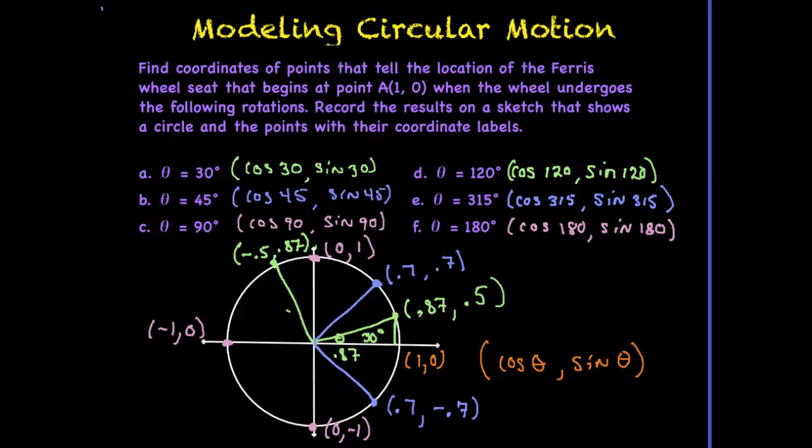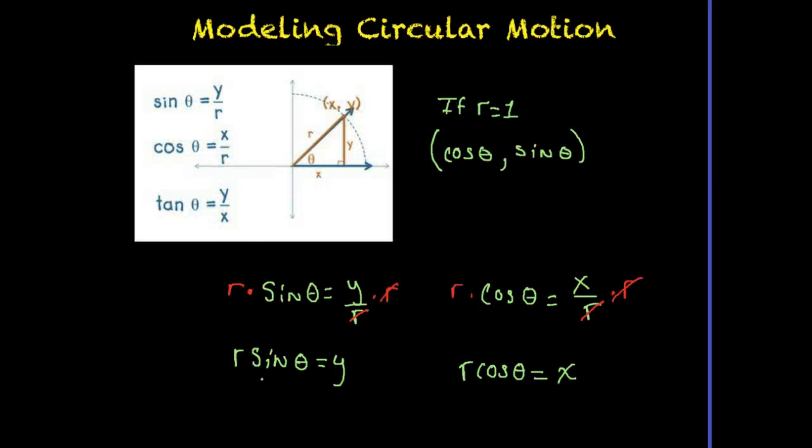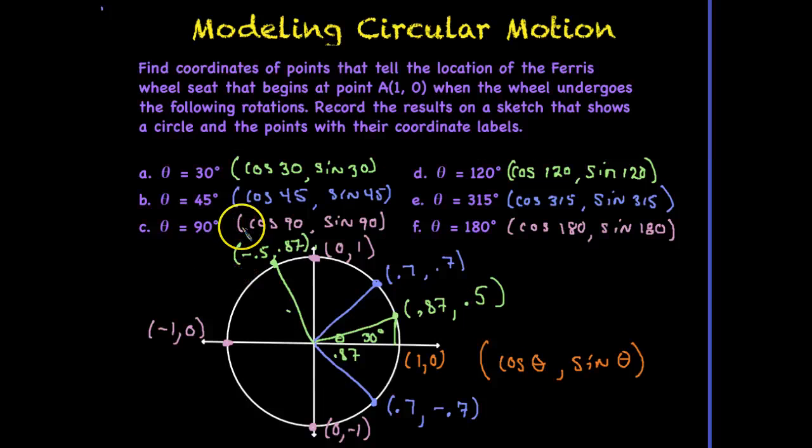Because remember, if we go back and we look at our calculations, really, our answer is the radius times the sine of theta for y, and the radius times the cosine of theta for x. So in all these cases, if we'd had a different radius, we would have had to multiply, for example, -1 and 0 times 5 for each. So just keep in mind that we were able to just use the cosine of 30 for x and the sine of 30, for example, for y, because our radius was 1.